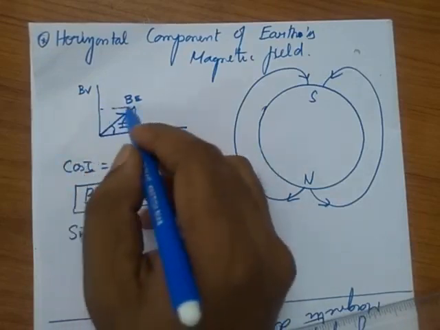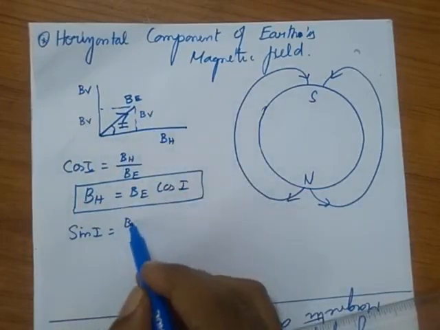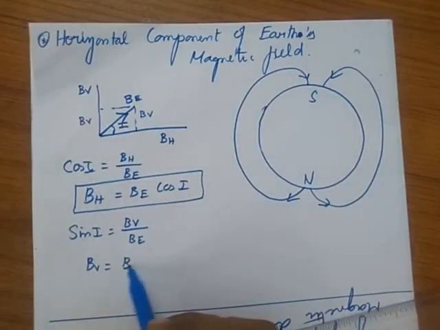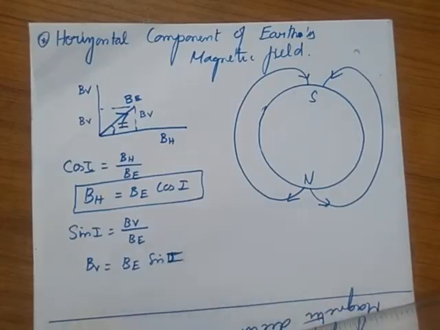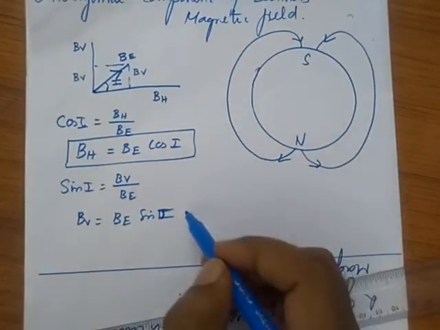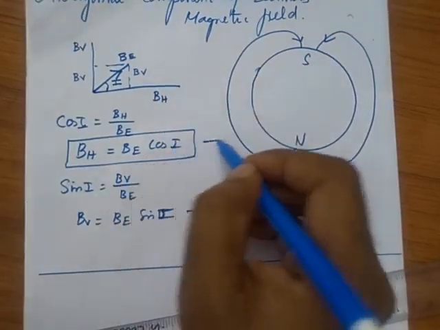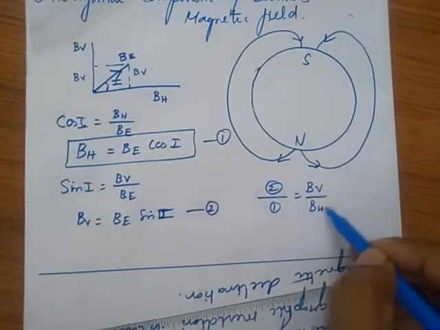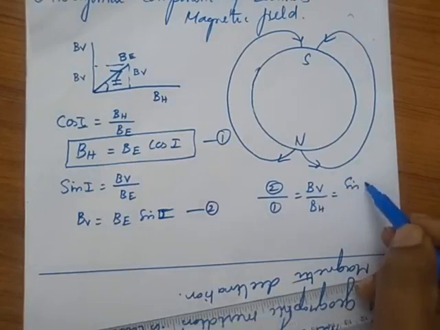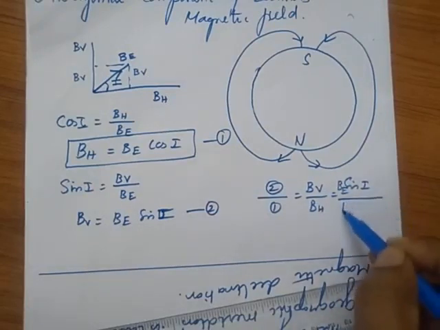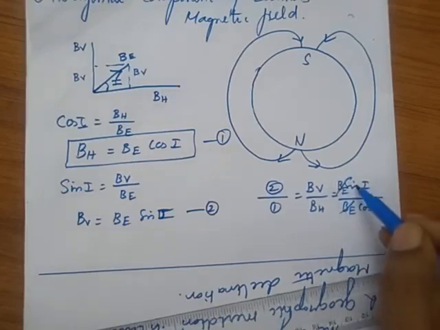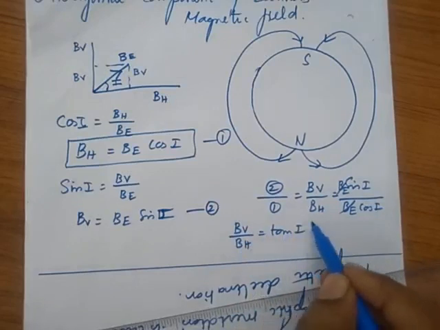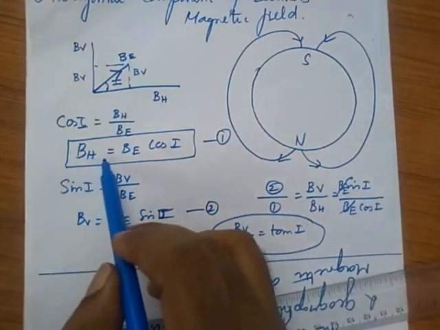The opposite side is BV and the hypotenuse is BE. So the vertical component is BV equals BE sin I. Dividing equation 2 by equation 1 gives BV by BH equals BE sin I by BE cos I. BE cancels, and sin by cos is tan. We get BV by BH equals tan I.